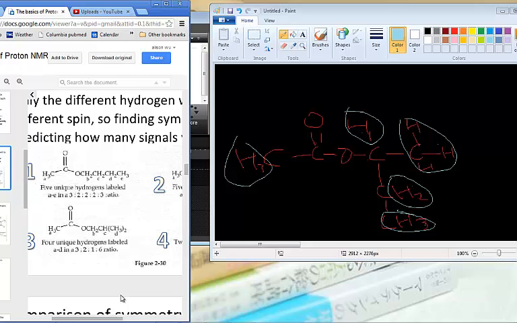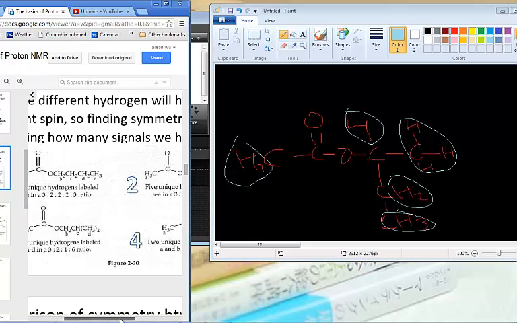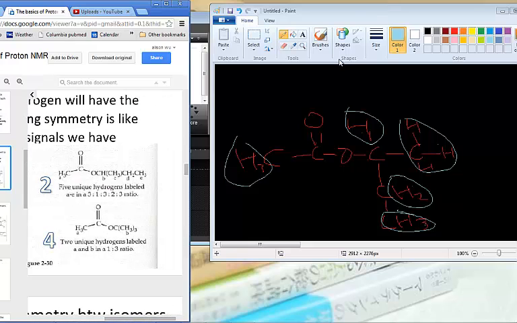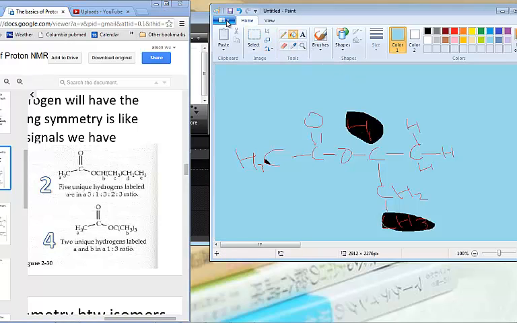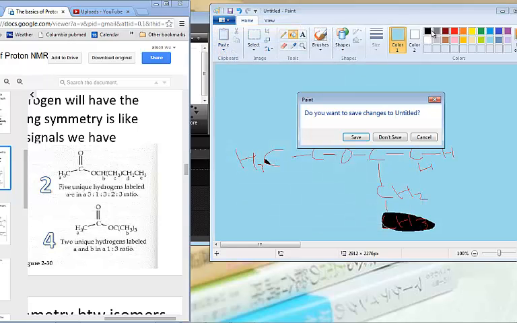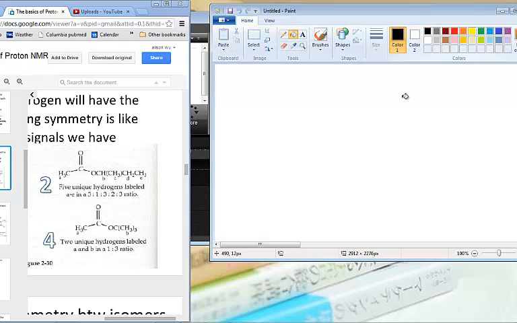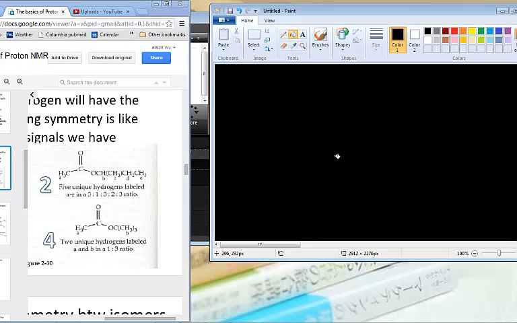So you can basically teach yourself how. I'm going to skip 3 and go to 4. It's pretty self-explanatory, but I'm going to do this one as well, just in case. So I'm going to draw the number 4.